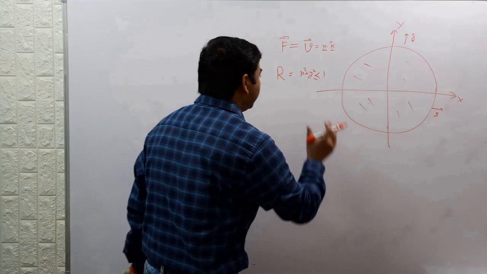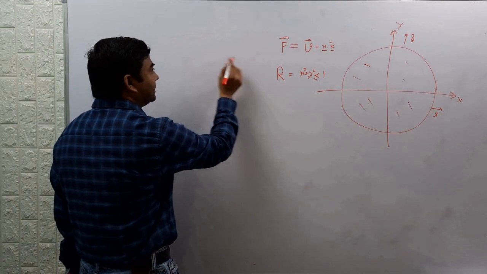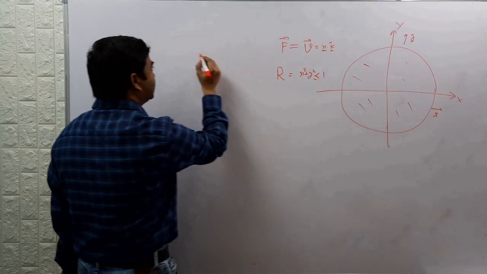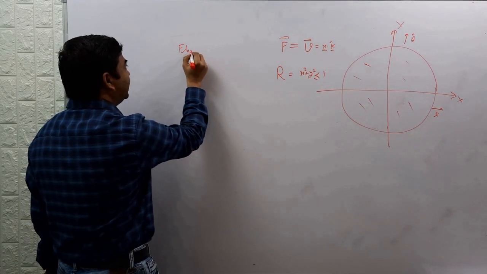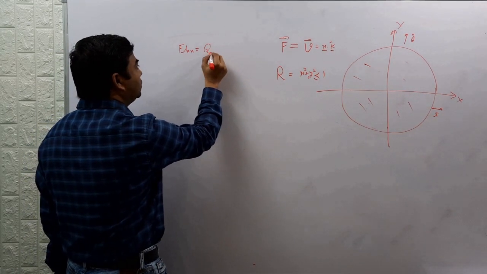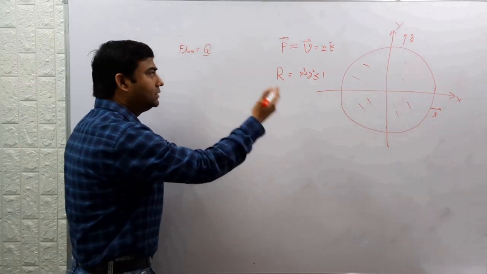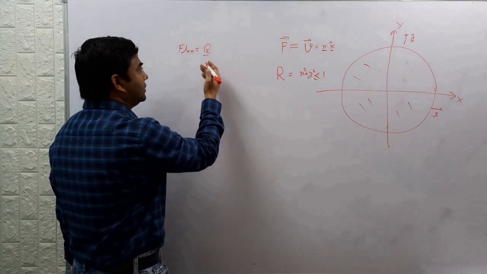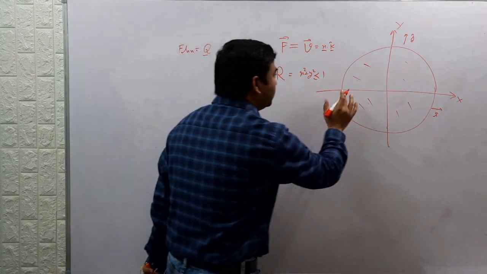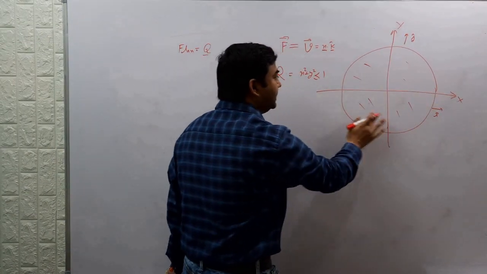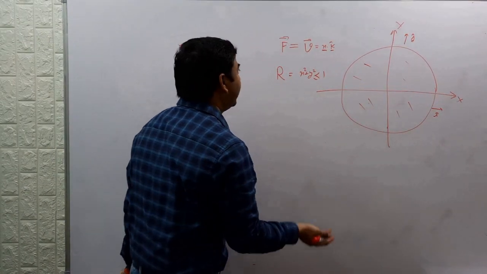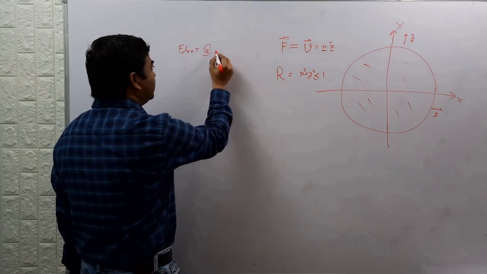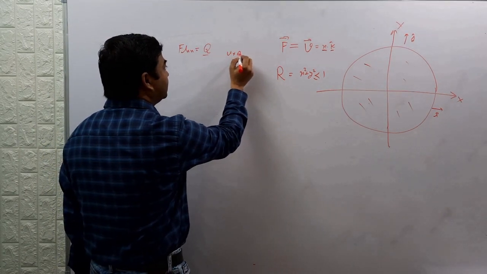So here flux is nothing but the flow Q of the fluid. We know the velocity is changing at every point, so we cannot directly find flux by velocity into area.